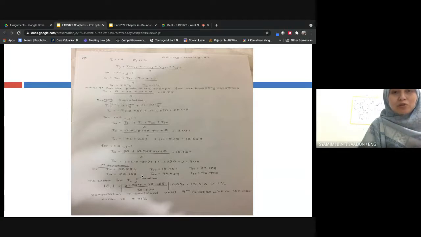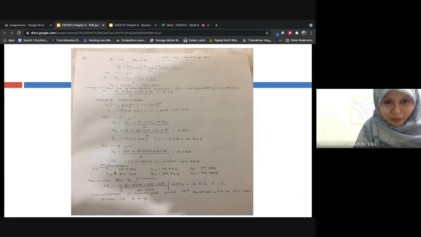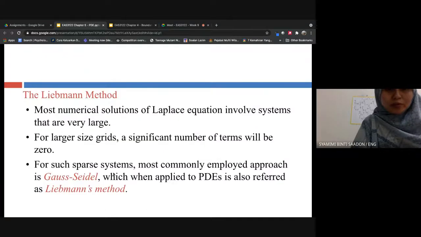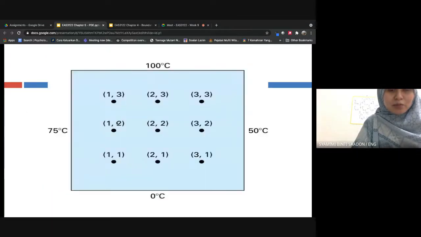And then we have to do the same for T12, whichever point you can do. T12 means this point. First round we calculate T11, T21, and T31, right?